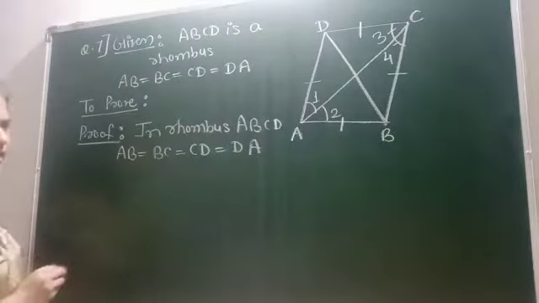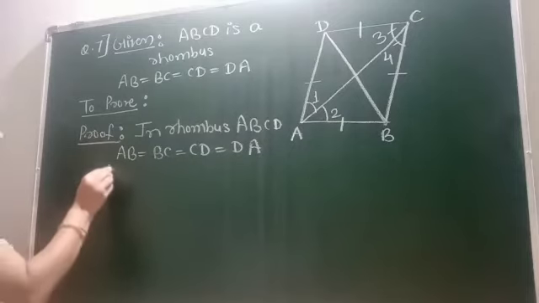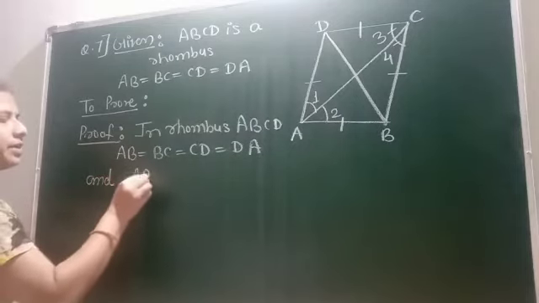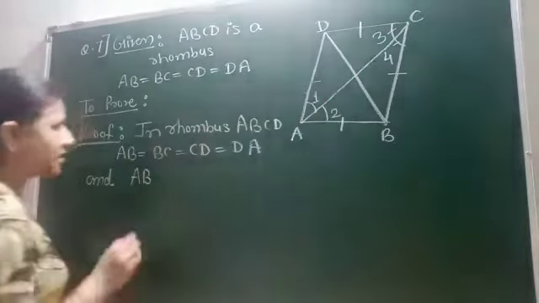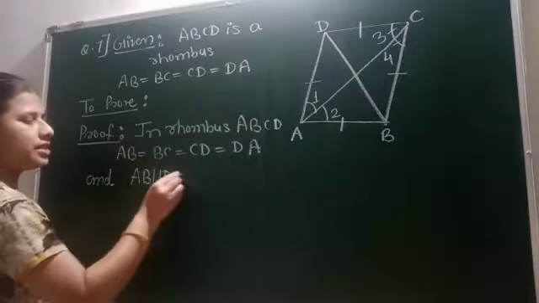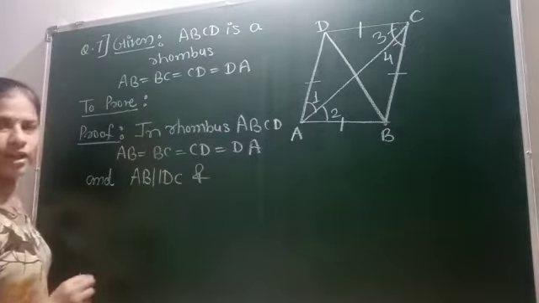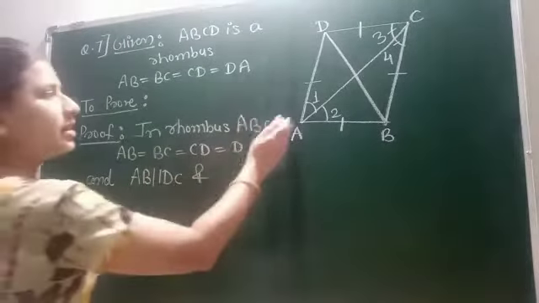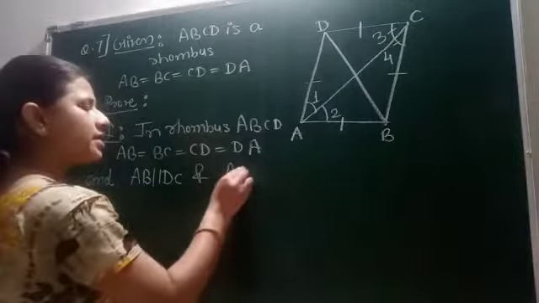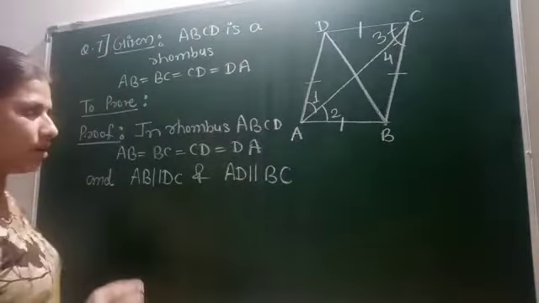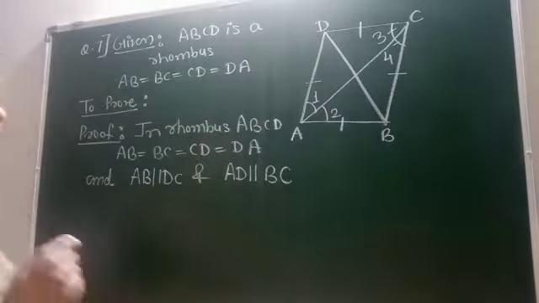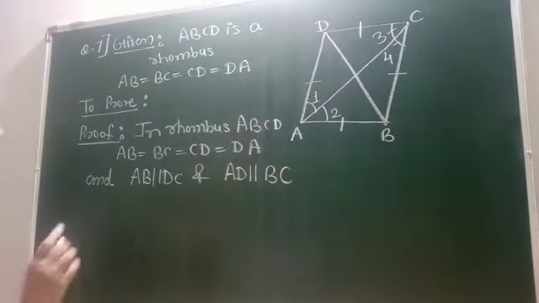It is given that, and this side AB, the opposite side of this AB is DC, is parallel to DC. And this side AD will be parallel to BC, because a rhombus is a parallelogram, and in any parallelogram opposite sides are parallel.